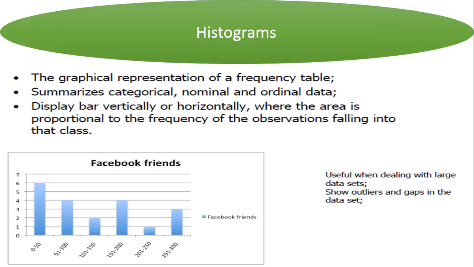The histogram presents the frequency, so that the area of every band is proportional to the frequency of any class. It is most useful when dealing with large data sets, to show outliers and gaps in the data sets.